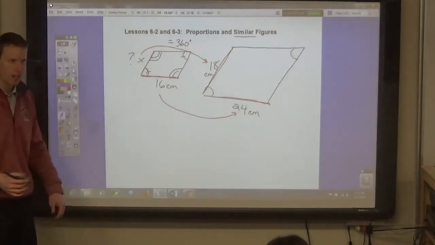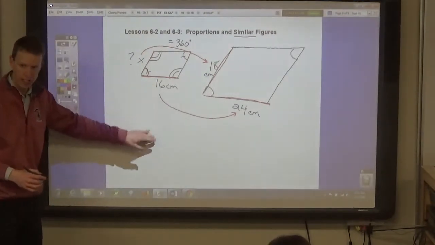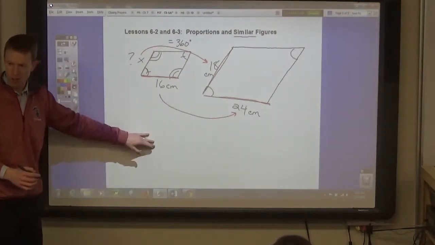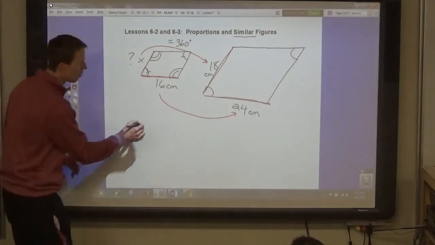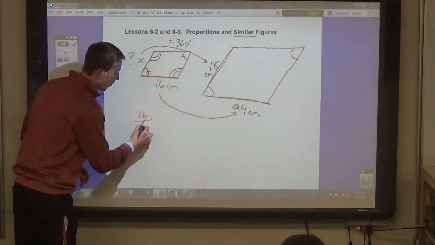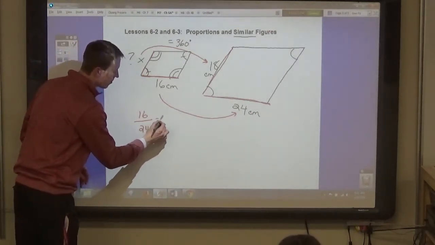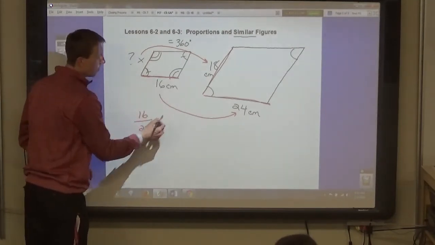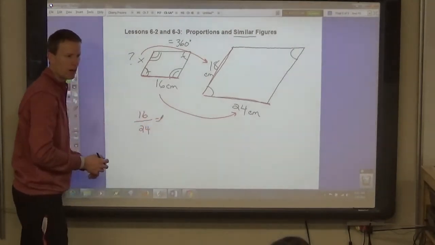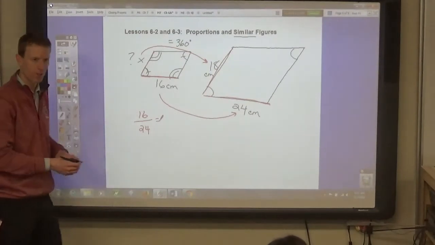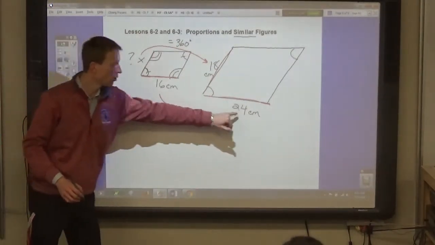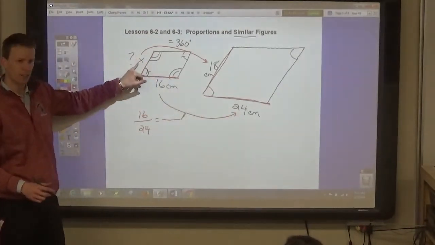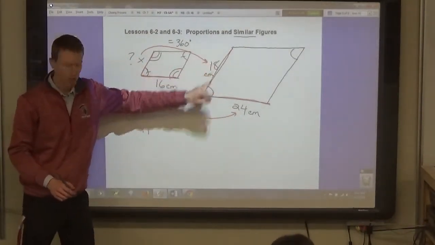As long as we write a proportion in that order, we can find what x is. So we could write that 16 over 24 is equal to, and what order would we use for the second ratio? If we wrote 16 over 24, then we have to write x over 18.